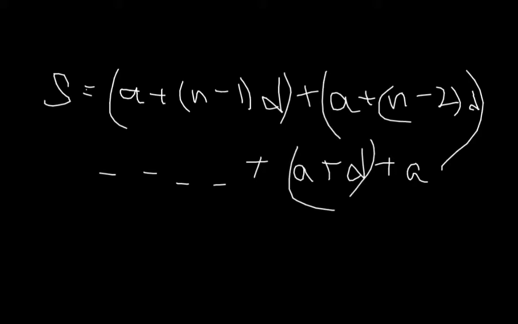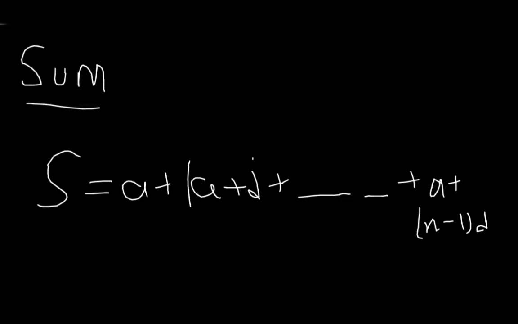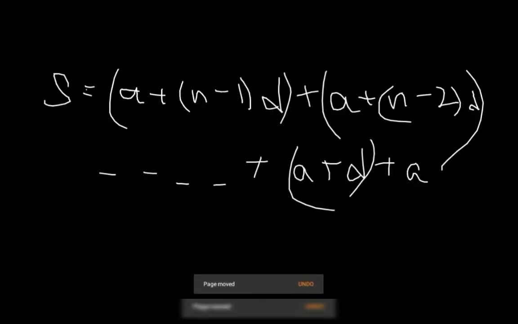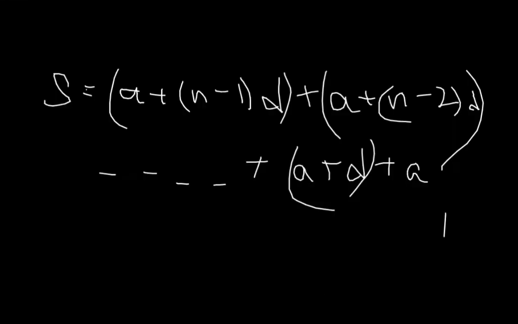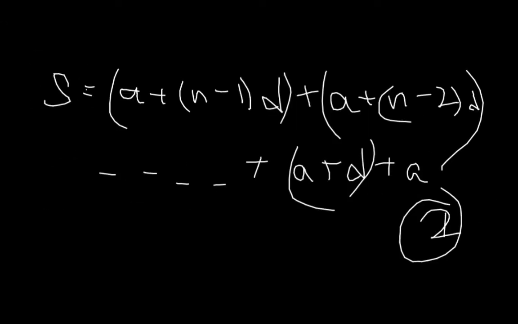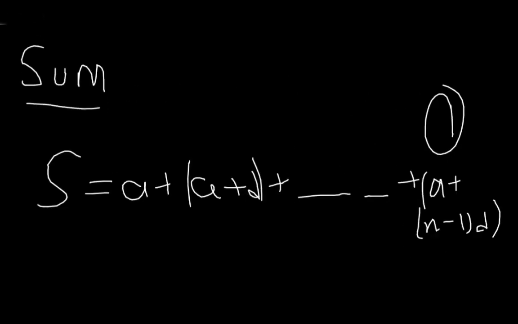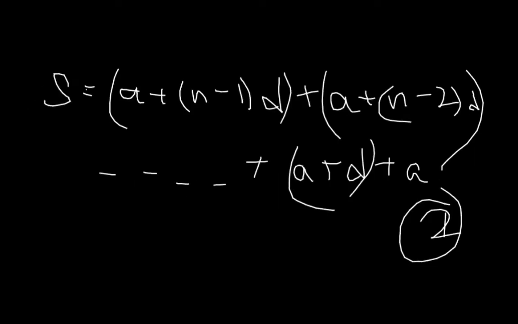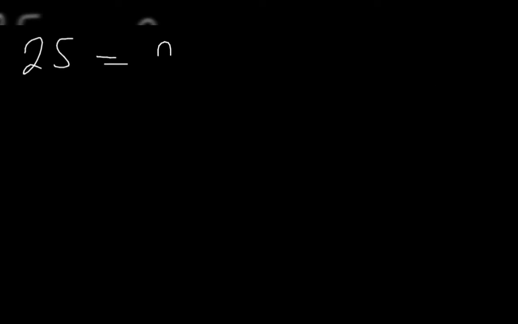Now let's talk about this. One second, let me bring this here. So this is equation 2 and this is equation 1. If we add them, on the left hand side that will be 2s equal to, let's see the first term: a plus a plus (n minus 1)d, so the first term will be 2a plus (n minus 1)d.